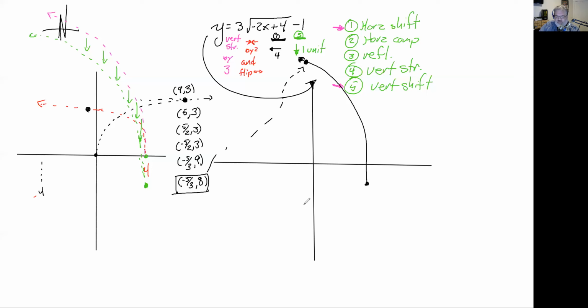So if the world the function is in triples in size, the graph appears to be 1/3 the size. If the world the graph is in moves in the negative direction, it makes the graph look like it's moved in the positive direction.